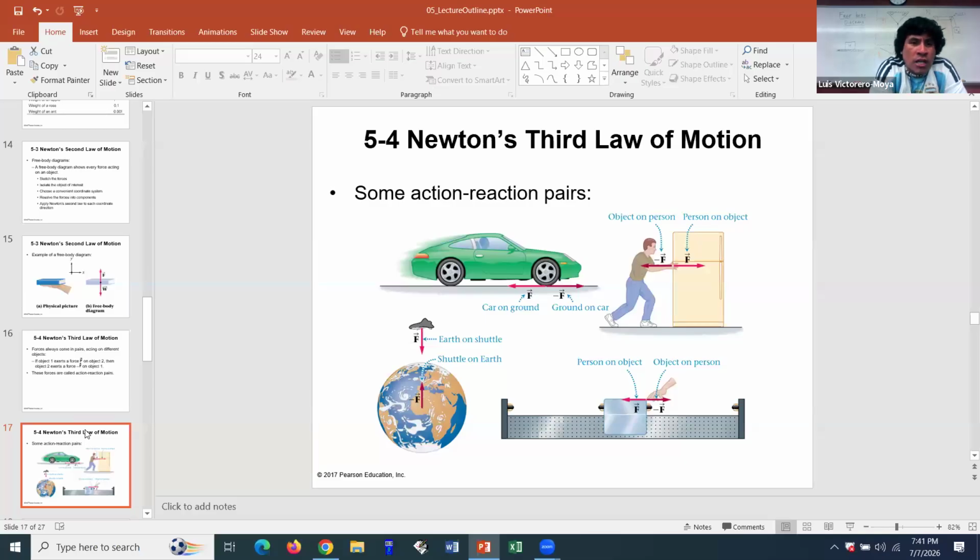If you are pushing an object, or braking a car, or with satellites, or even planets between each other, there is a force acting from the Earth towards the moon and vice versa. And I think I explained this in class. Due to that force, the Earth wobbles a little bit, but it's so tiny that we ignore it.